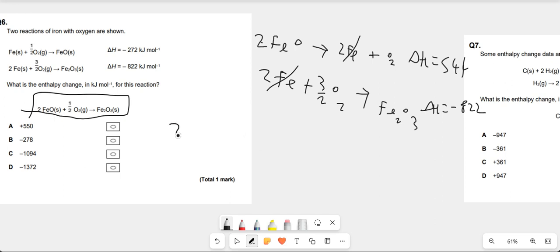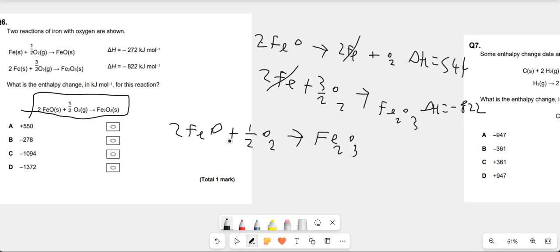So 2Fe, 0, plus 3/2 O2 is on the left and O2 is on the right, so I need to do 3/2 minus 1. Overall it's going to be half O2 to the left. And then that's going to produce what? What do I have remaining on the right-hand side? Just Fe2O.